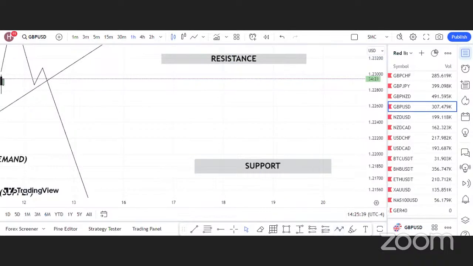So resistance occurs where an uptrend is expected to pause temporarily due to concentration of supply.